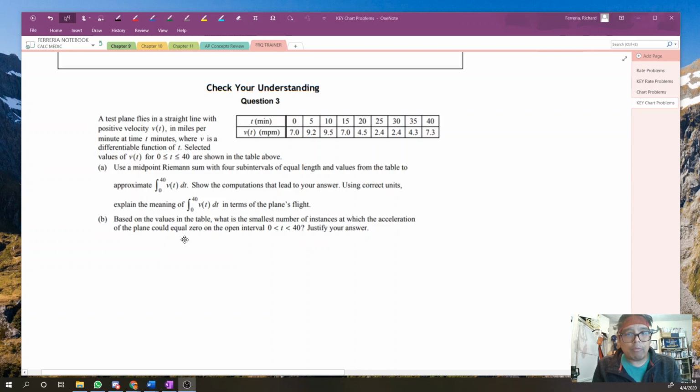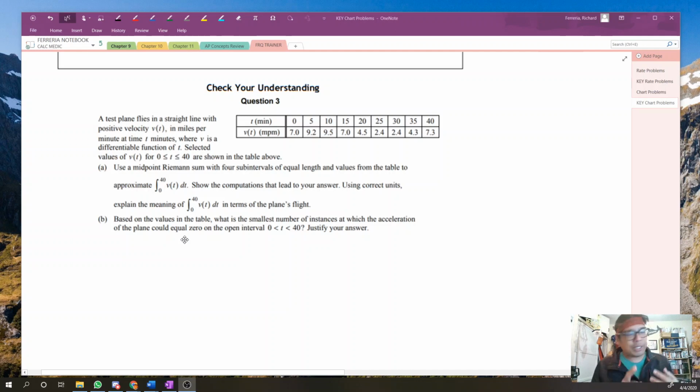Use a midpoint Riemann sum, show the computation, and use correct units. Explain the meaning of that in terms of the flight. And lastly, based on the values in the table, what's the smallest number of instances at which the acceleration could equal 0. So that's a new kind of problem. I'll take a look at that in a second.